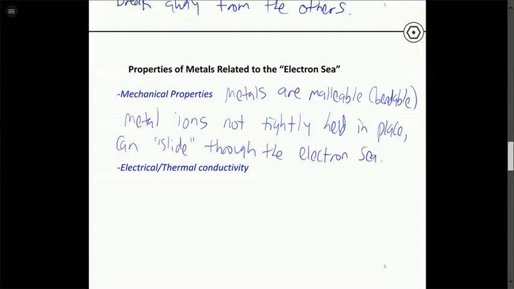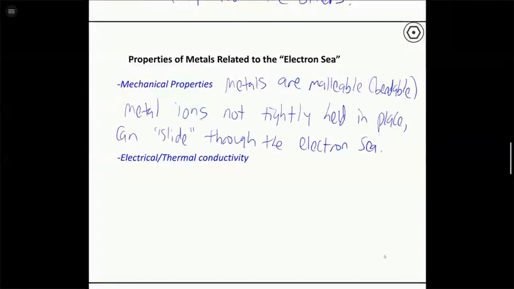All right, so it's pretty easy to sort of distort the structure and still maintain contact of those metal cations with a valence electron, because the valence electrons don't have any sort of regular shape or array to them, so you can sort of slide the cations around, and that sort of relates to then how you're able to bend them on a macroscopic level.